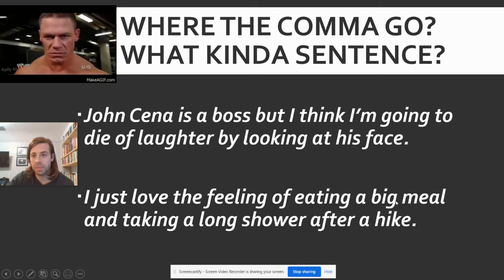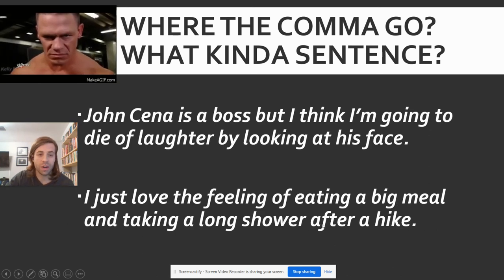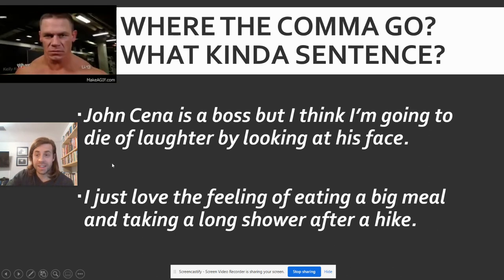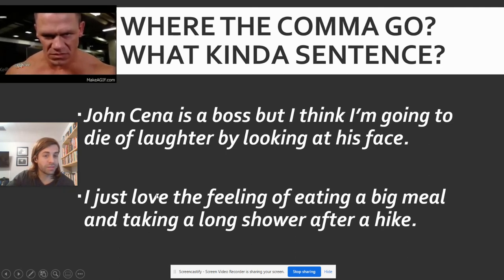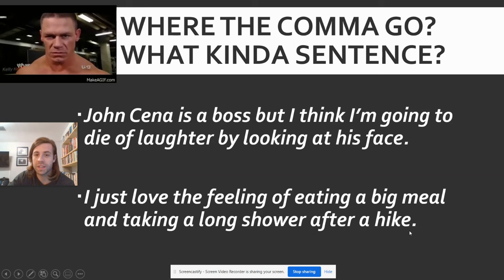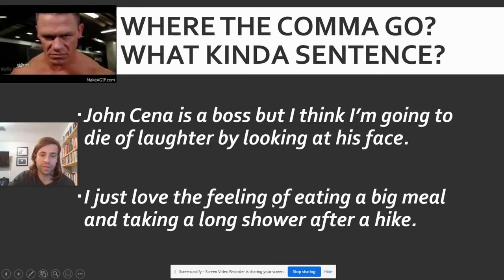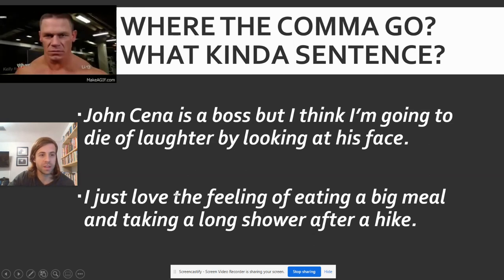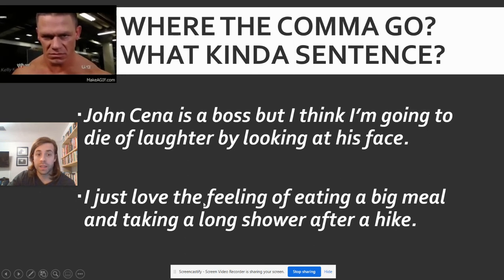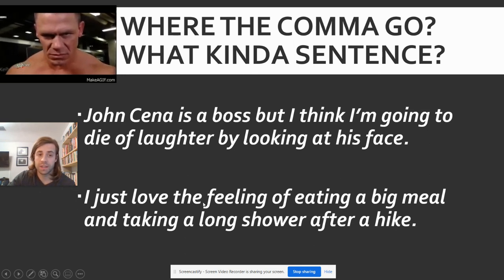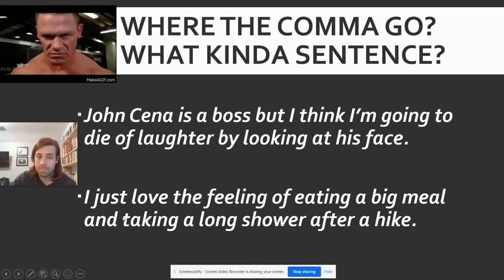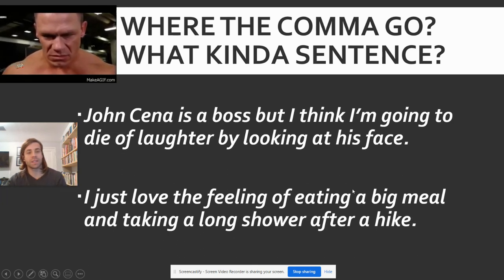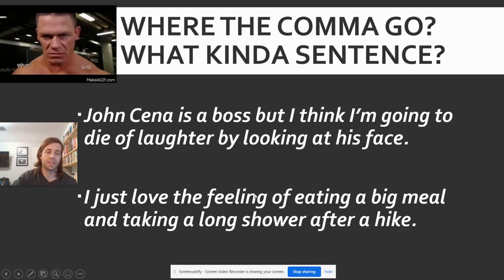The feeling of eating a big meal and taking a long shower. So my simple sentence, if I boil it down, is just I just love. And the two things that I'm hooking together are what I love. They're kind of the object of my love and my affection. But it's not two separate sentences, right? And taking a long shower after a hike, that's not an independent clause, so it can't stand by itself. So no comma is needed here.